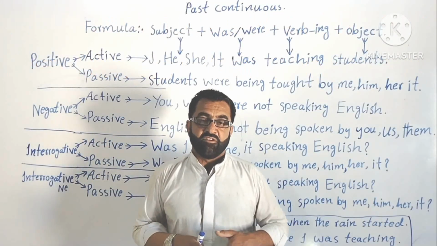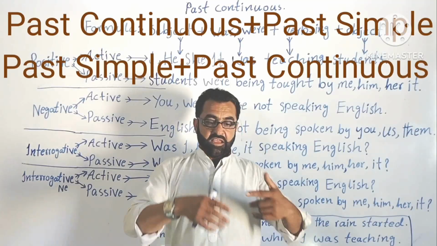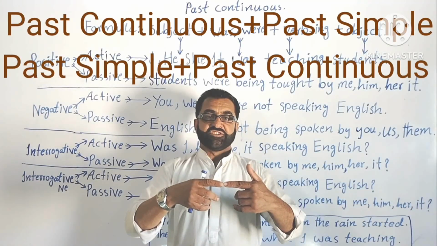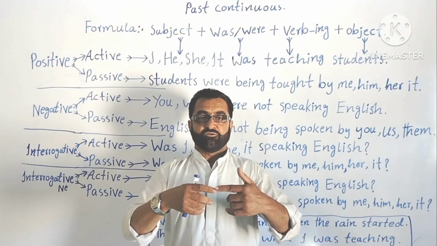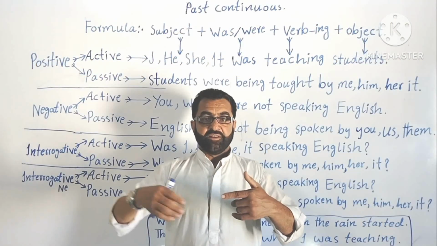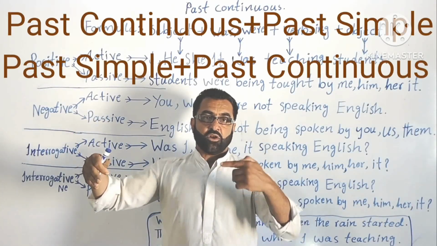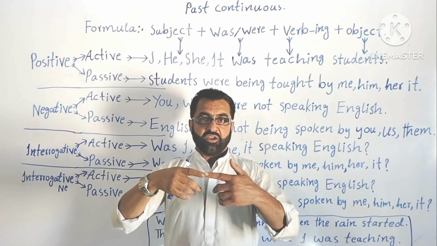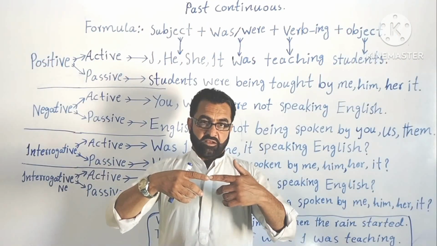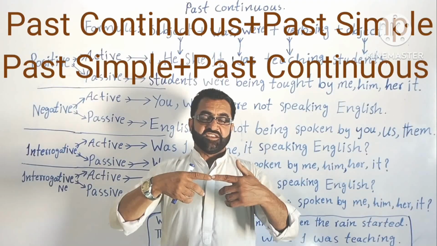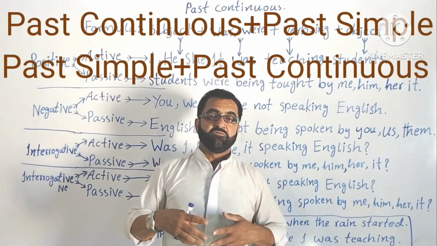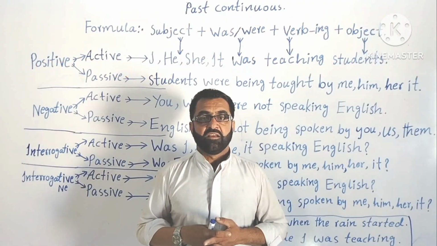The second of them we mention in past simple. These sentences are linked, connected. I mean, with the past continuous tense, if we connect another clause, that clause will be in past simple.